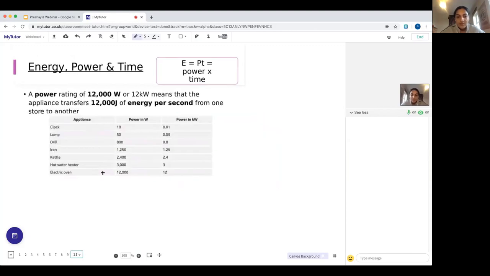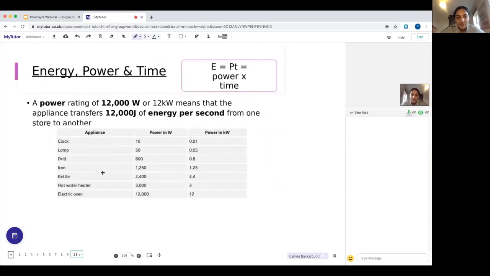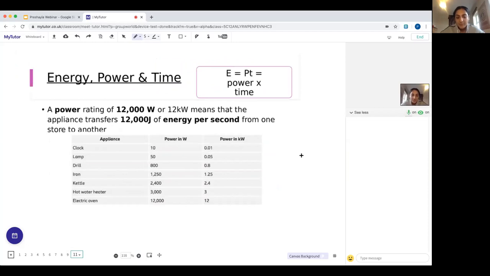Okay, so for the first of the two equations, E equals PT, we talk about it in terms of power ratings. A power rating means that the appliance transfers that amount of joules of energy per second.